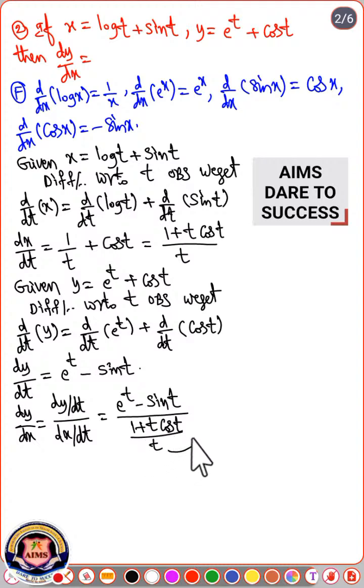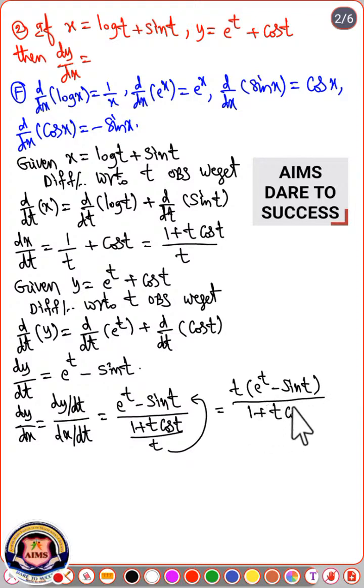So slowly this t is going to the numerator, and we get t into e power t minus sin t whole divided by 1 plus t cos t is the required answer for this problem.